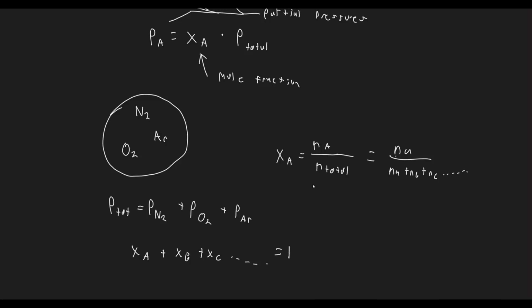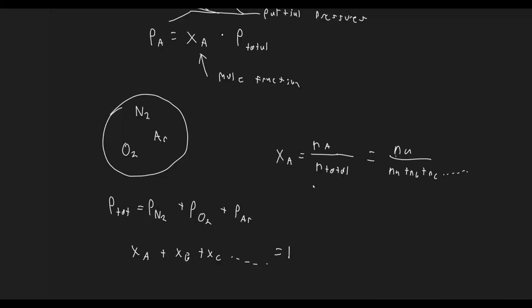So we will take the total number of moles that we are talking about, and use that to find our mole fraction. Our mole fraction can then be multiplied by our total pressure to determine our partial pressure. On top of this, if we add all of our mole fractions together, we should get 1.